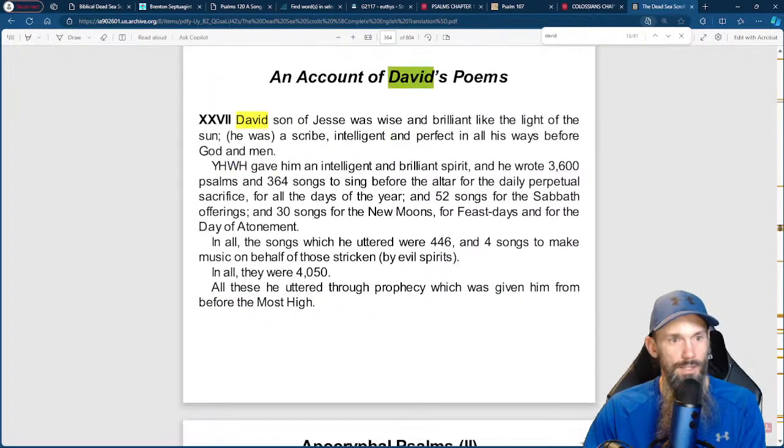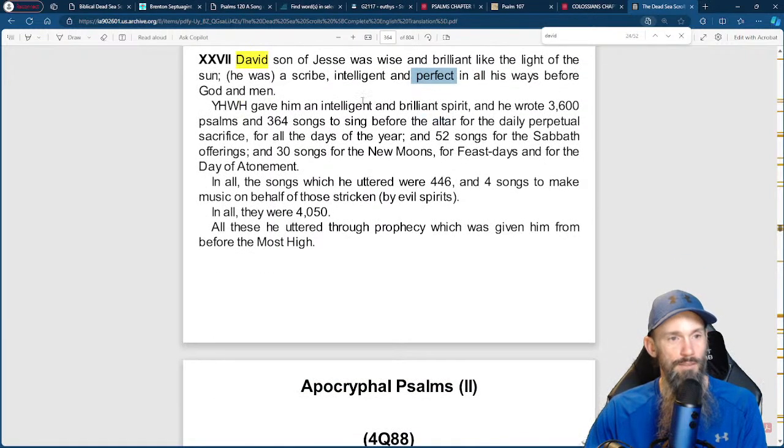Here we go. An account of David's poems. David, son of Jesse, was wise and brilliant like the light of the sun. He was a scribe, intelligent and perfect in all his ways before Elohim and men. Oh, that we could be like that. Yahuwah gave him an intelligent and brilliant spirit. This is why he was perfect, because he gave him an intelligent and brilliant spirit.